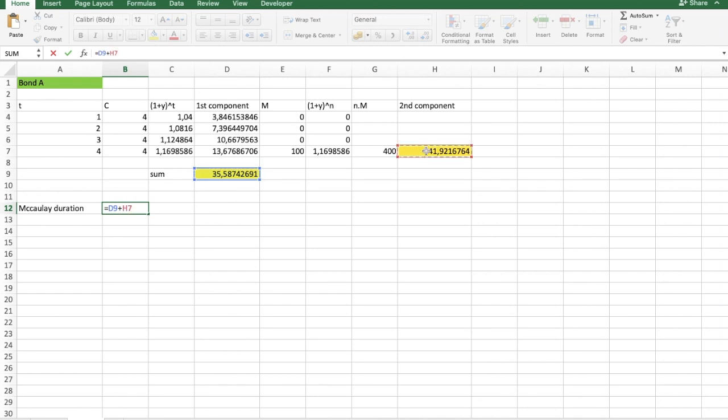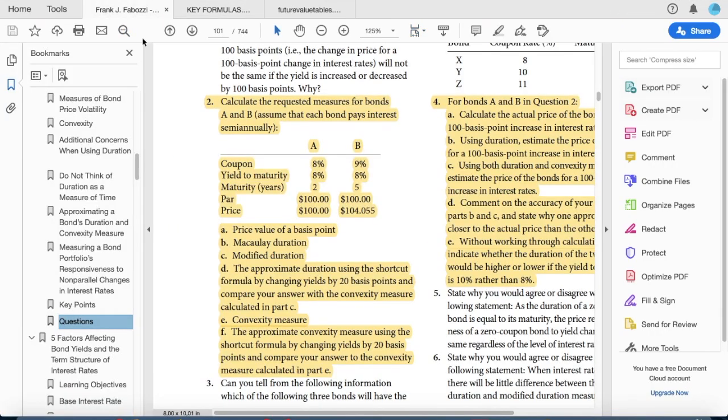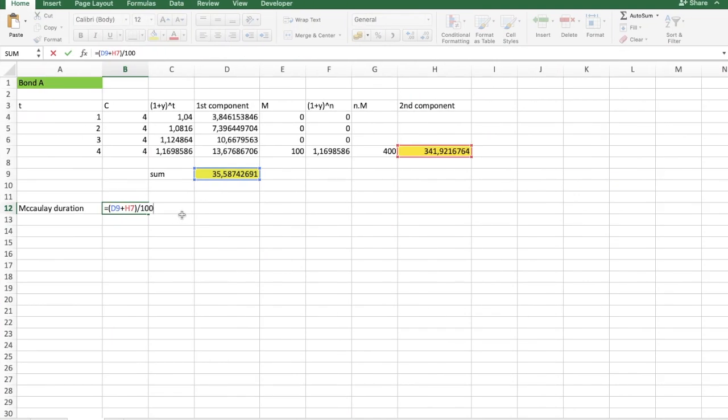Plus this one, the sum divided by the current price, which is $100. The current price is already given in the exercise. So this is the semi-annual Macaulay duration.